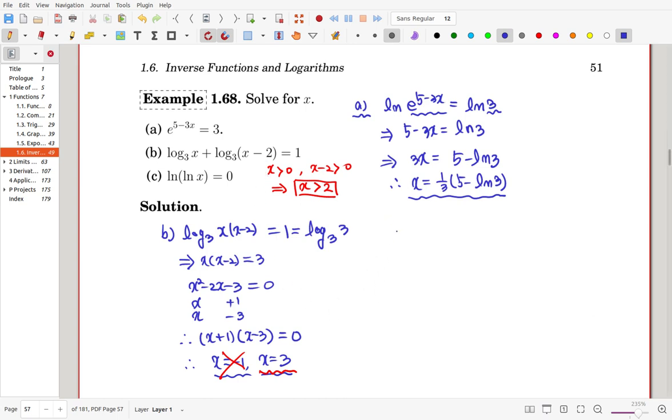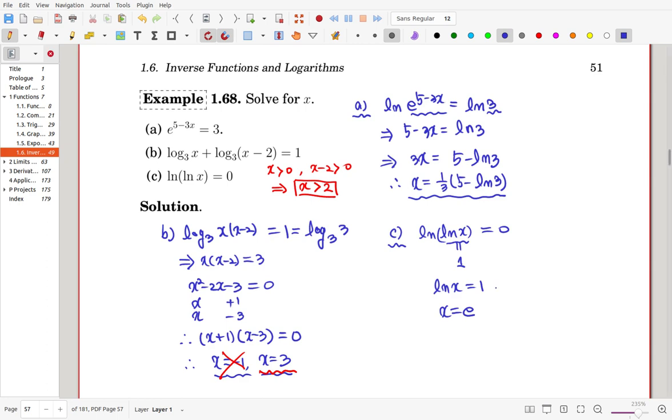Okay, now the final part, C. Now the logarithm of x is 0... that means that this must be 1. So let's rewrite that as 1, and so with the logarithm of base e, x must be e.